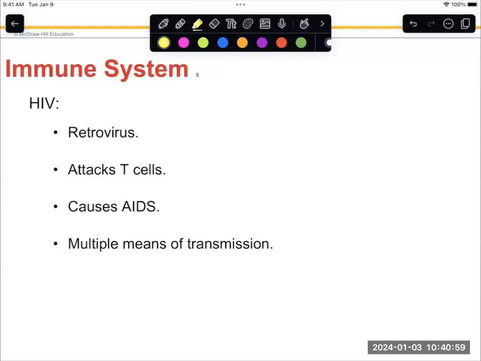HIV is the virus that does cause AIDS, and its most common causes of transmission are sexual intercourse, vaginal, oral, or anal, shared needles and drug use, contaminated blood products, or transplacental transmission. So from the mother to her fetus.